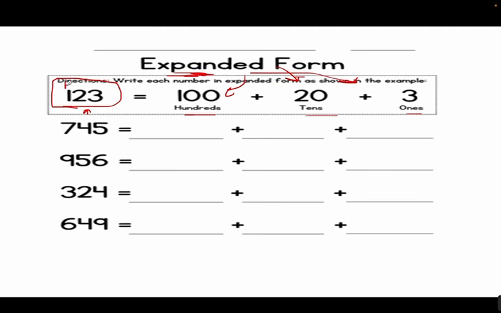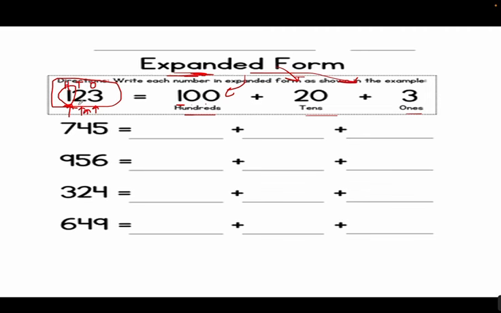Check the number under the place value of hundreds, tens, and ones. Remember, hundreds, 2 zeros, tens, 1 0, ones, no 0. So look at the first digit under the hundreds. So I'm going to put how many zeros? 2 zeros. 100.